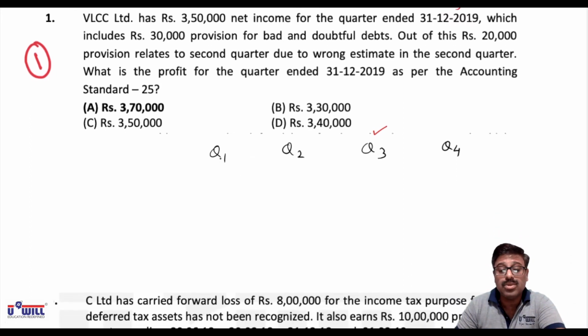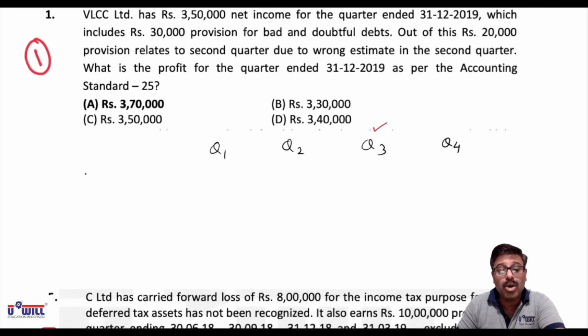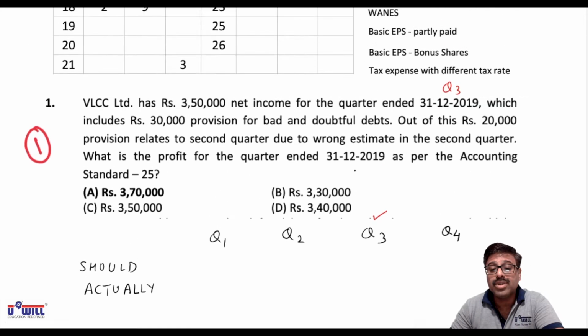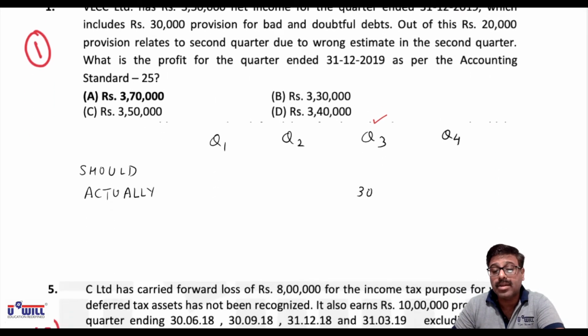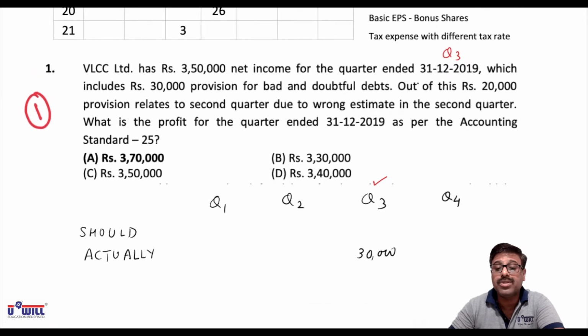Now this includes means first we have to write what should be done. If you all remember, we have been doing this workings. Actually what is done is, quarter 3 includes 30,000 of provision for doubtful debts.